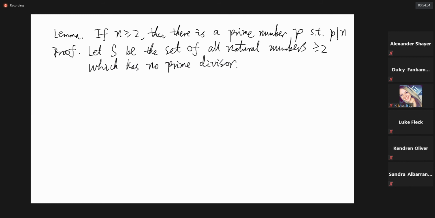Okay, so if we can show the set S is empty, then the lemma is proved.